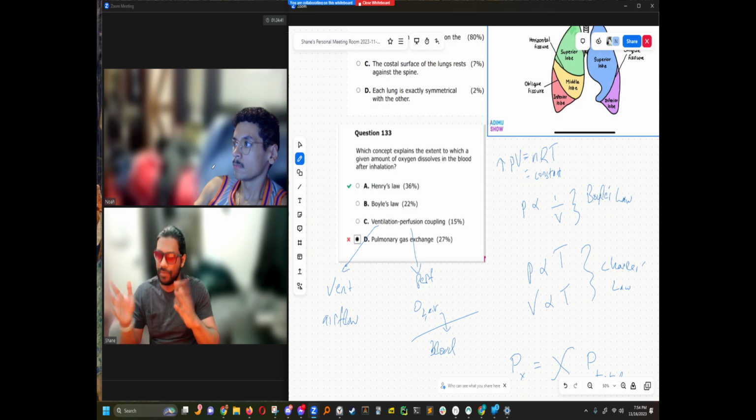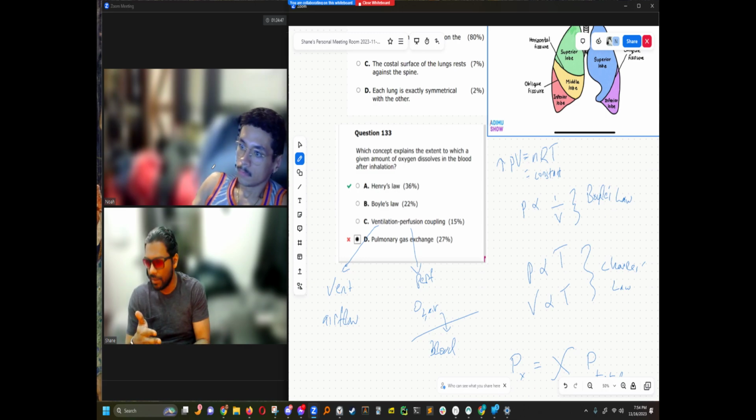If they weren't coupled, then we might be getting way too much airflow and not enough perfusion, or not enough airflow and too much perfusion. So it's just showing that when anything's coupled, it just means that they're connected.